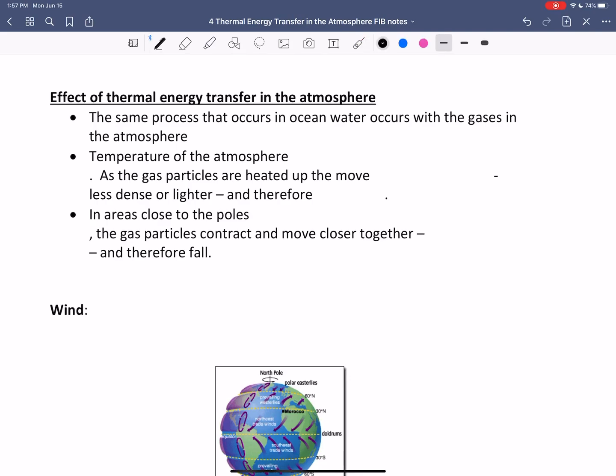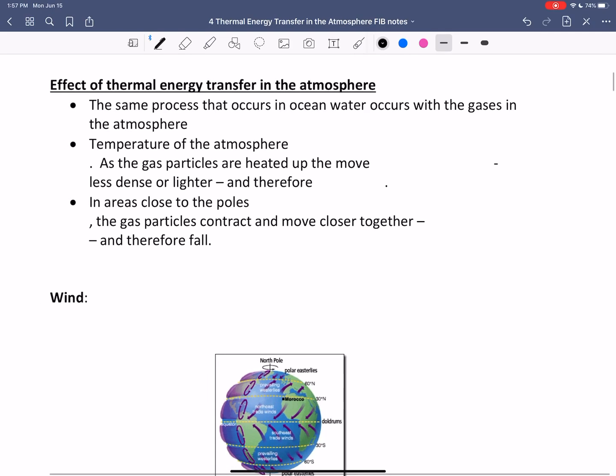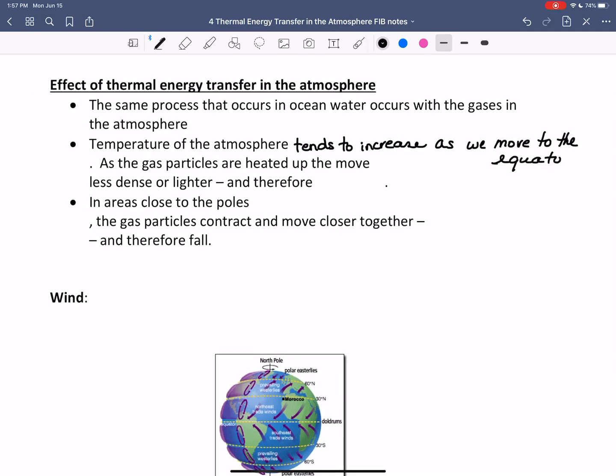So we see the temperature of the atmosphere tends to increase as we move to the equator. And then as the gas particles are heated up, they move further apart.